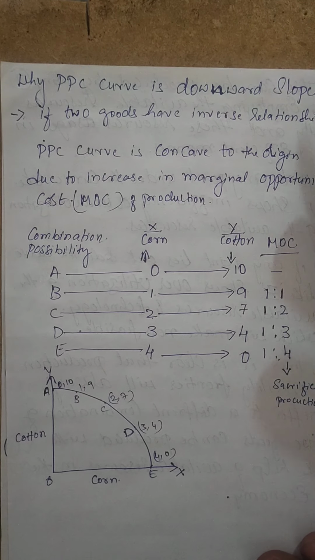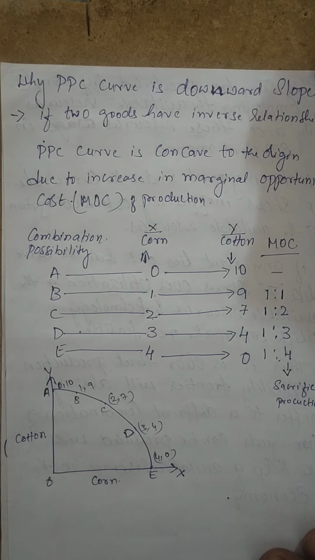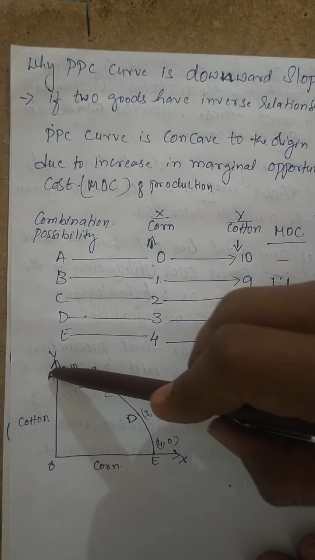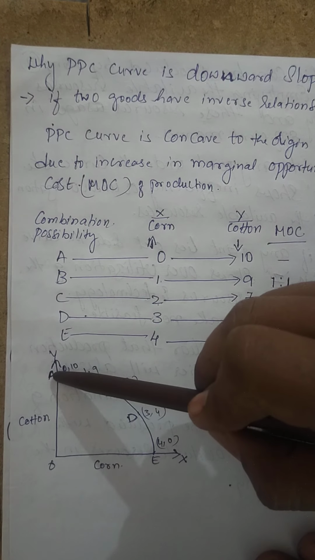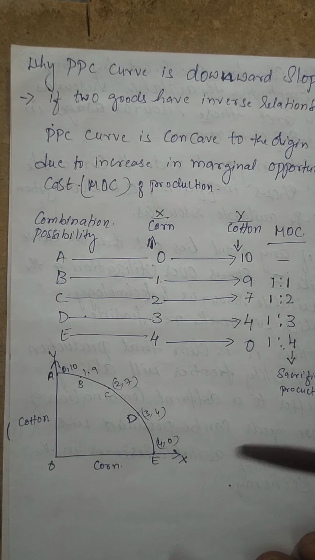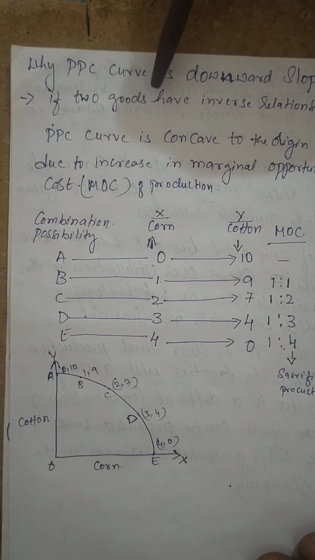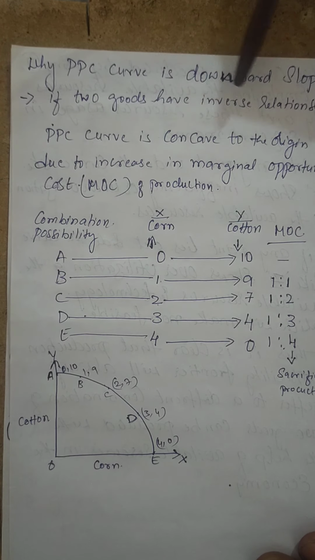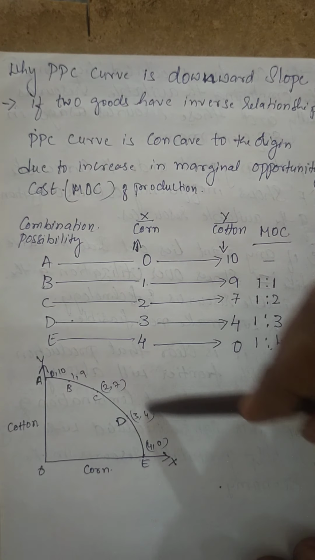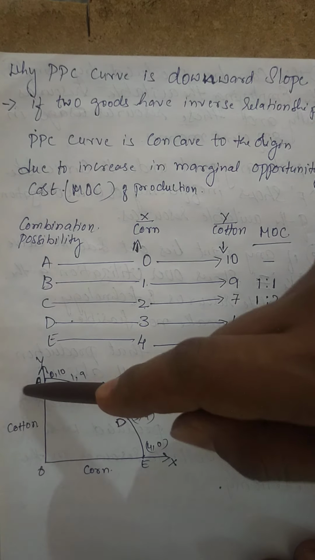Why is the production possibility curve downward sloping? I have drawn the curve here; you can observe it slopes from up to down. What is the reason? The reason is very simple. If two goods have an inverse relationship, then only it will always be downward sloping. The two goods are corn and cotton.